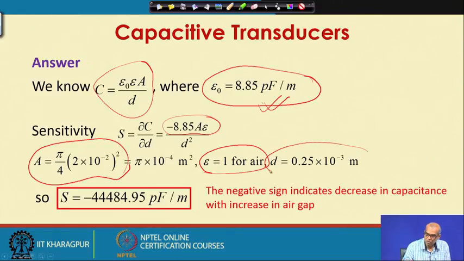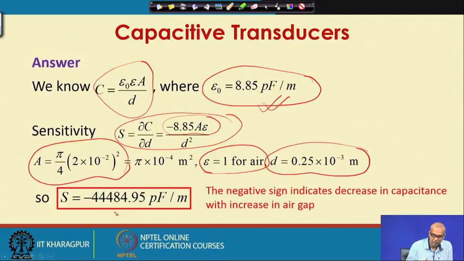The distance between these two plates is given. If I put all these values into the expression for sensitivity, I get the sensitivity as minus 44,484.95 picofarad per meter.